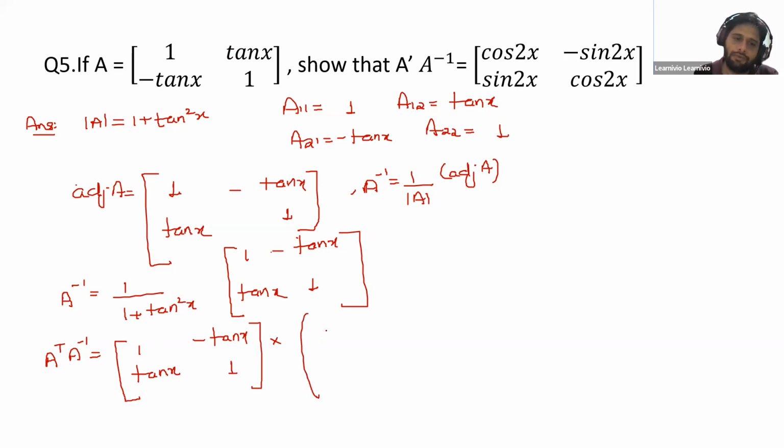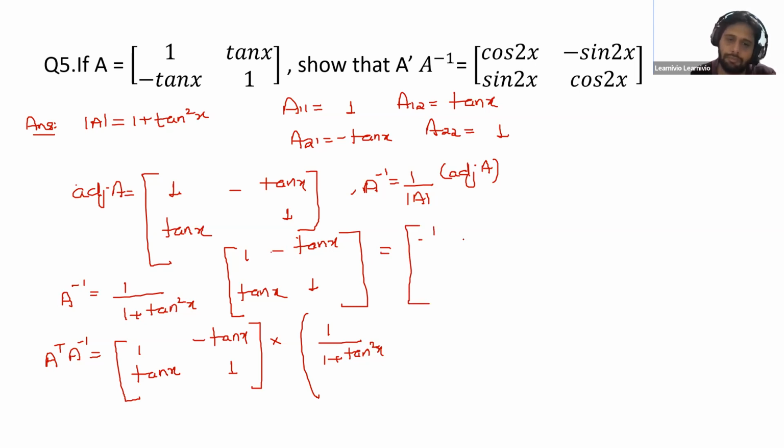A inverse. A inverse is 1 by 1 plus tan square x. So it's your wish. You can multiply this to all the elements right now, or we can do this in the end. This is your choice. If you feel that you will get confused, then I can multiply this.